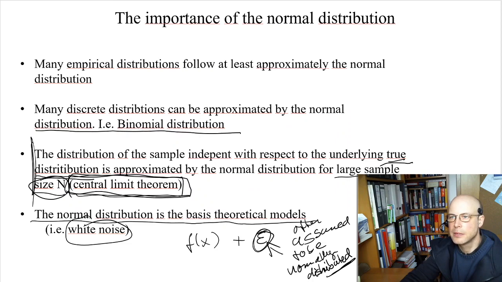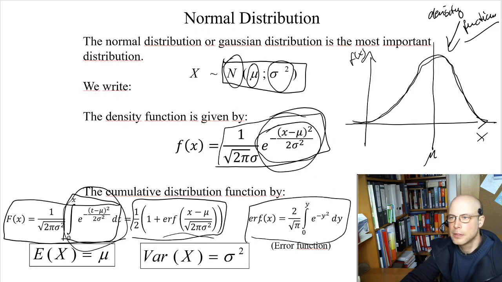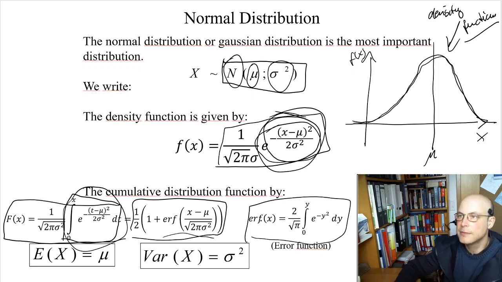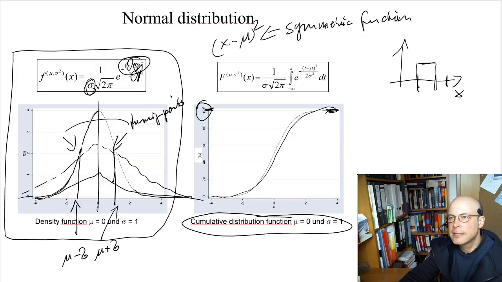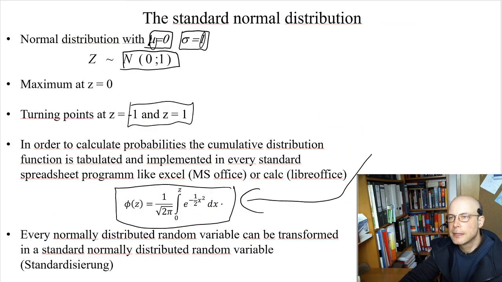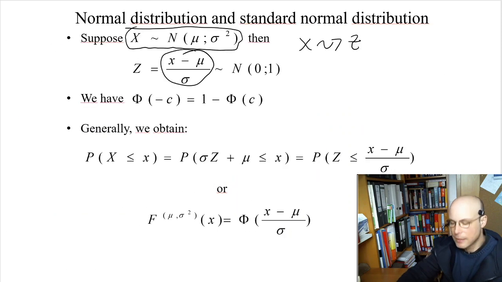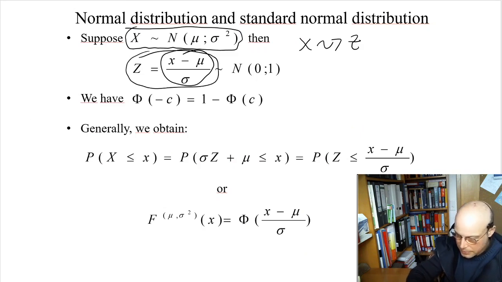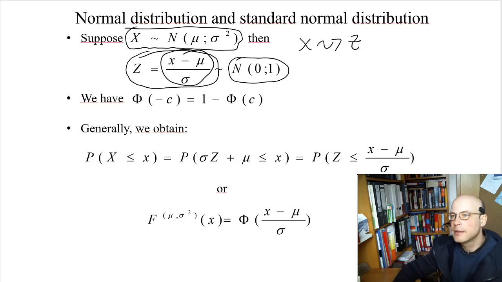Where do we have it? Here. If you put this in your density function, then you will find very fast that this transformed variable will just be standard normally distributed.